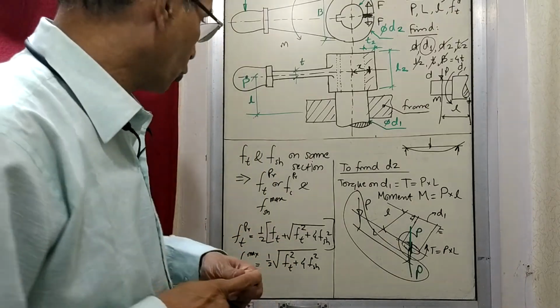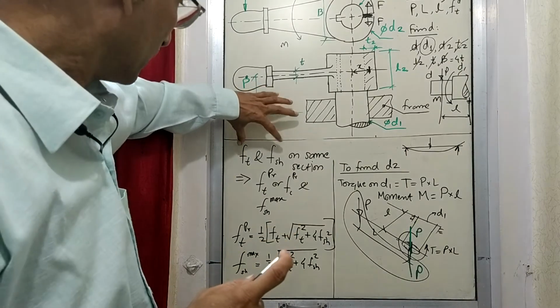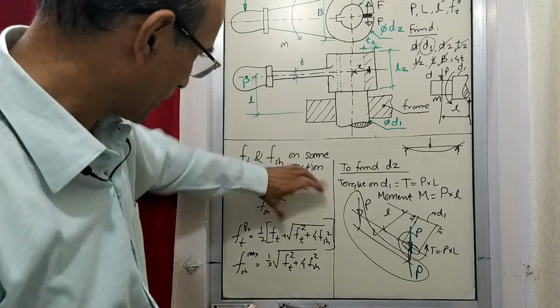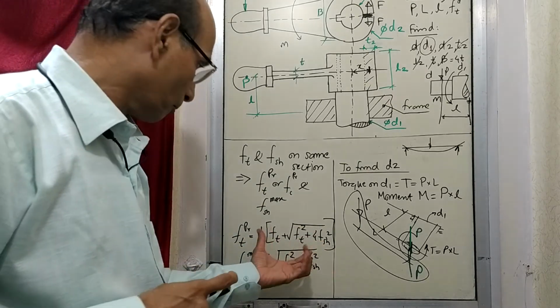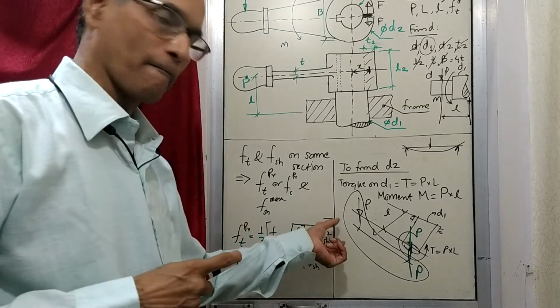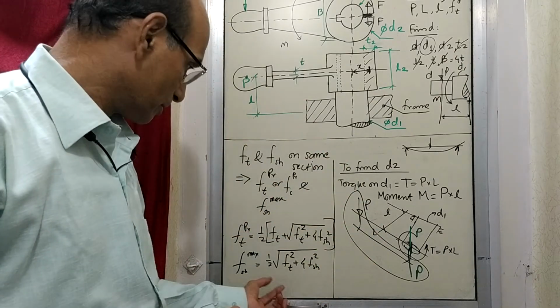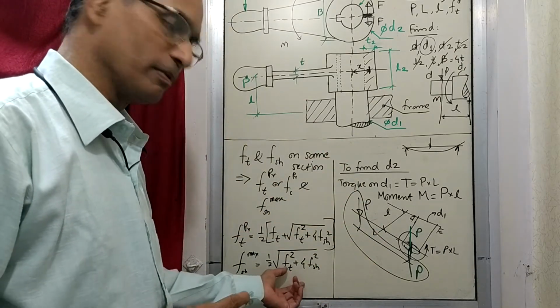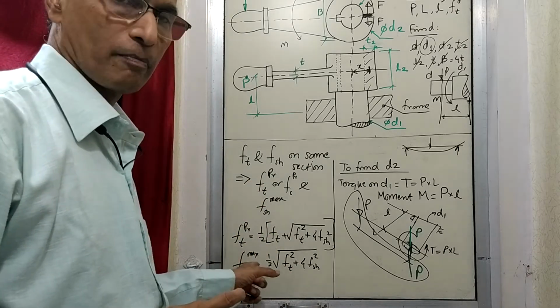That means we combine these two, but not by just a plus or just a minus. We combine them by this equation. You can see Ft is there in the equation, F shear is also there, but they are combined by this formula. Similarly, we combine them by a different formula to get Ft principal and to get F shear maximum.